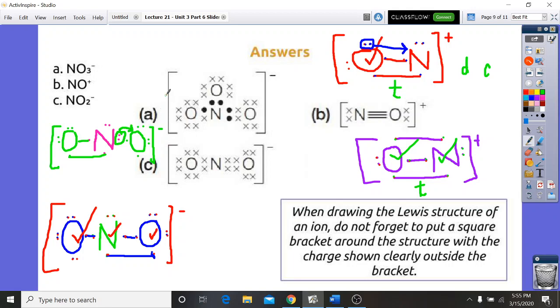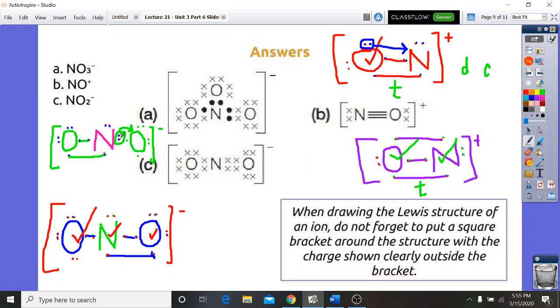And everyone is stable. We have 1, 2, 3, 4, 5, 6, 7, 8 for that oxygen. The nitrogen, 1, 2, 3, 4, 5, 6, 7, 8 for this nitrogen.